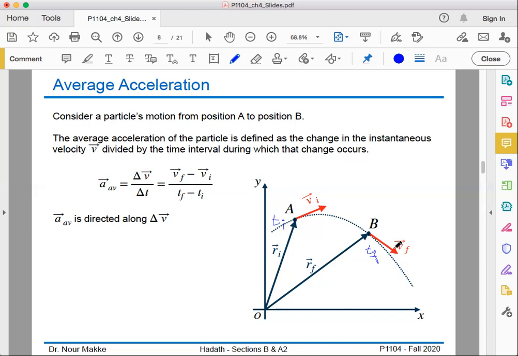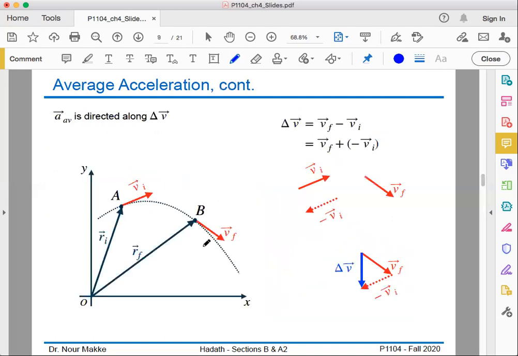Now, the average acceleration determines how much the velocity is varying in a given time interval, and this is why it's simply the ratio between V final minus V initial divided by the time interval T final minus T initial. The direction of a average is essentially given by the direction of the vector difference V final minus V initial, what we have called delta V. So how can we draw this difference between the two vectors?